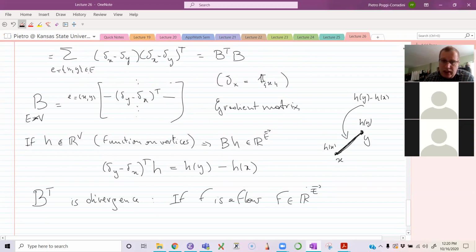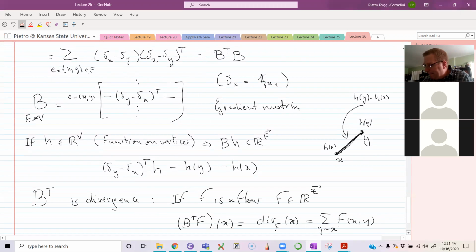And B transpose kind of goes the other way around. It gives you a function on the nodes. And B transpose F at a node x is exactly the divergence of F, the sum over the neighbors. This you can verify easily.